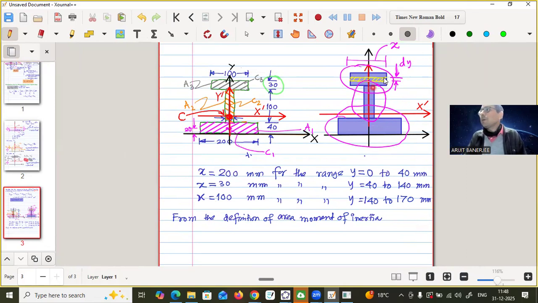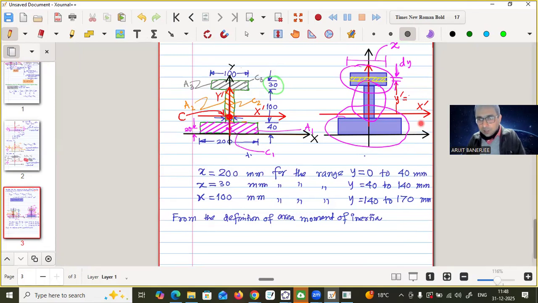I will determine the moment of inertia of the complete shape about the x prime axis. Therefore, I will measure the distance of this strip from the x prime axis. So what is the distance? Can you tell? This distance, that is say y prime. What is that y prime? Can you tell?